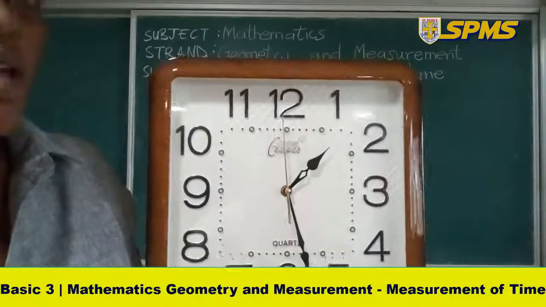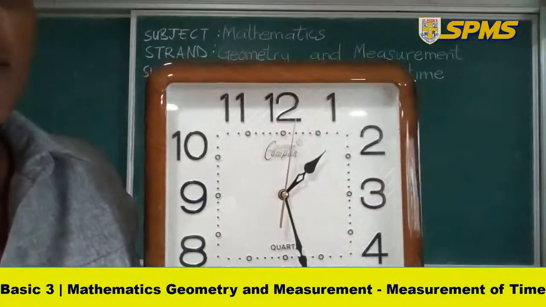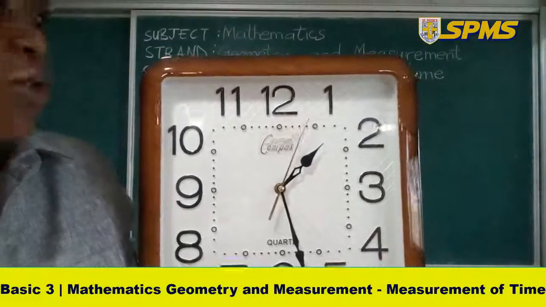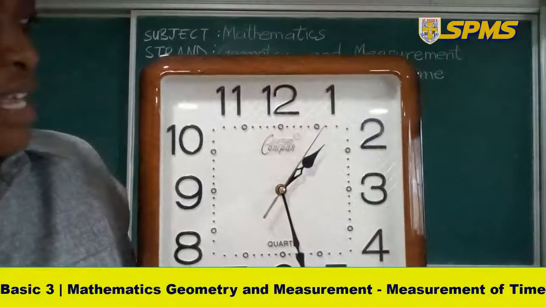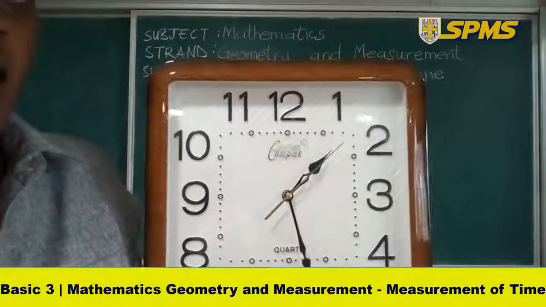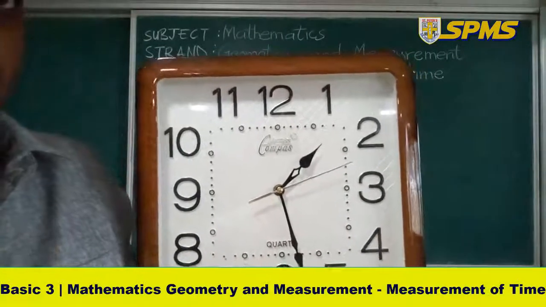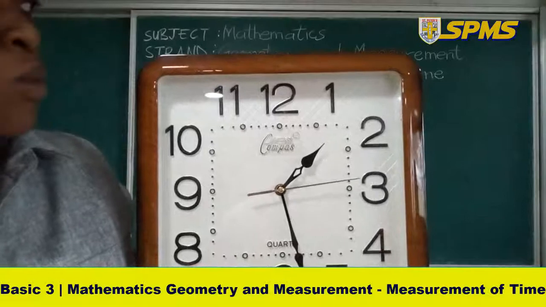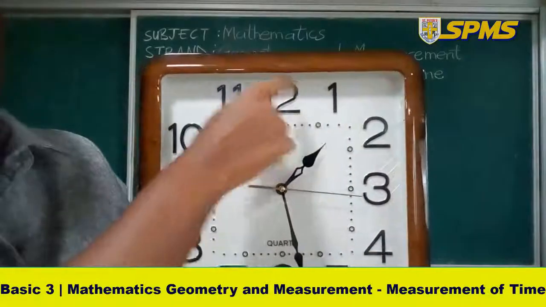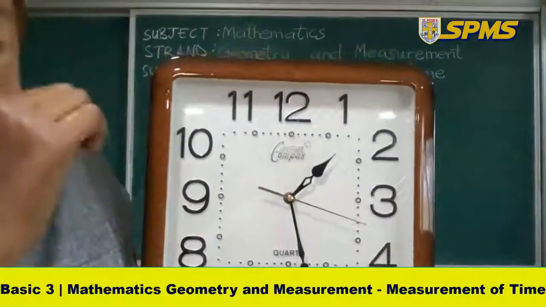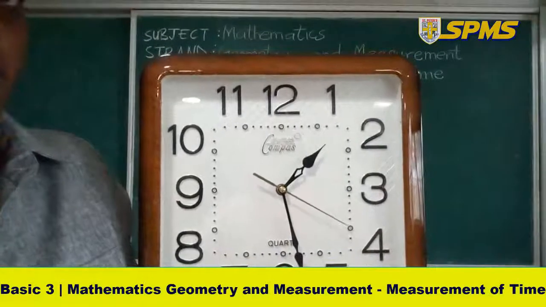This is why we have 60 minutes. Also, I told you that the second hand also sums up to 60. Which means that each stroke takes 1 second.